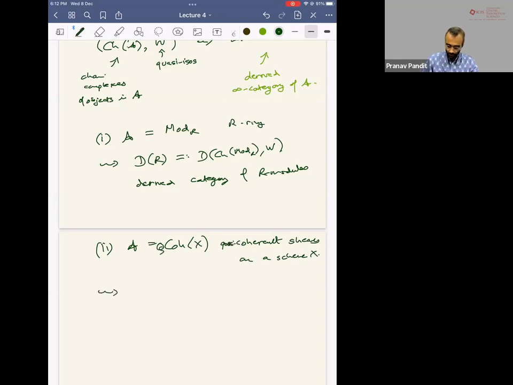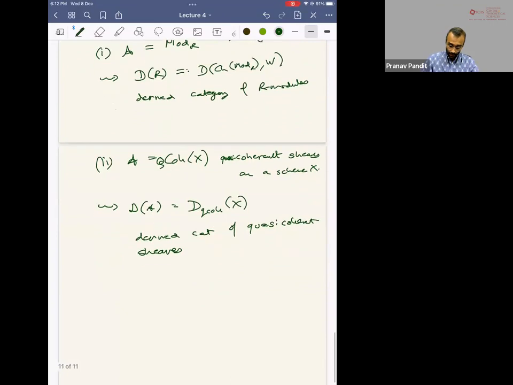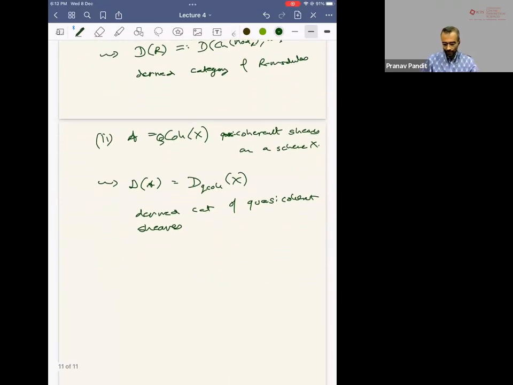So this gives rise to D of A being D Qco of X, the derived category of quasi-coherent sheaves. In the special case where you have an affine scheme, then it's just the previous case where I talked about R modules. Okay, so this is coming from geometry.